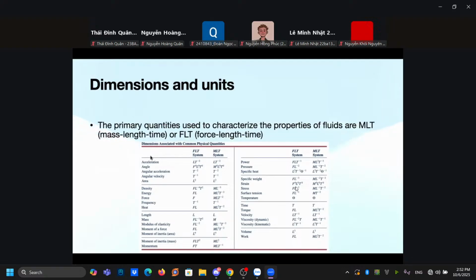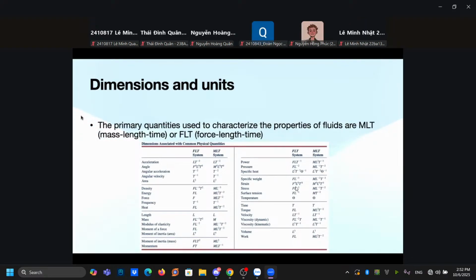For example, acceleration is meter per second squared. Meter is for the length, and seconds is for the time. So it is length divided by T squared, or L T to the power minus 2.